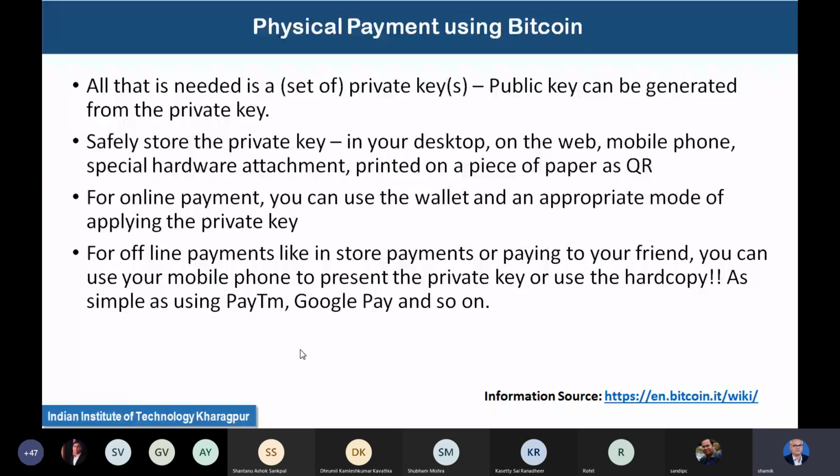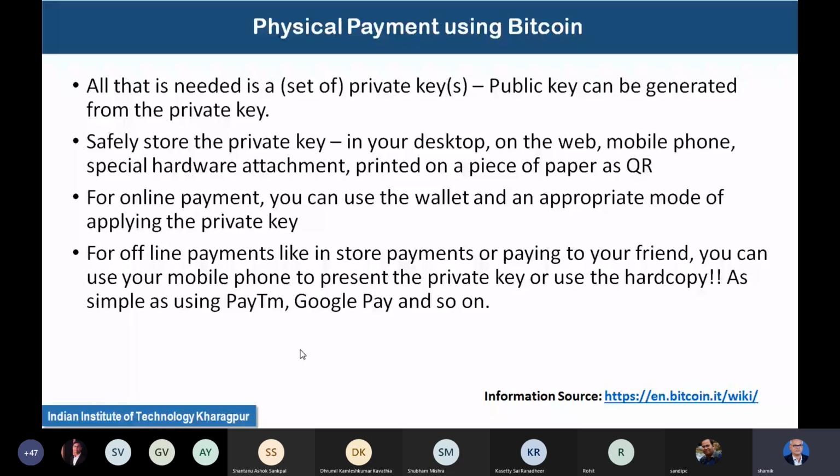Why mobile phone? Because suppose you want to make a payment with your Bitcoin as you go to a store. If it is on your desktop or in your cloud, you may not be able to use it. So the wallet can also be stored in your mobile phone, and then you could actually go to a store. Say you buy something from a tech market worth 100 rupees, and you convert it into Bitcoin.